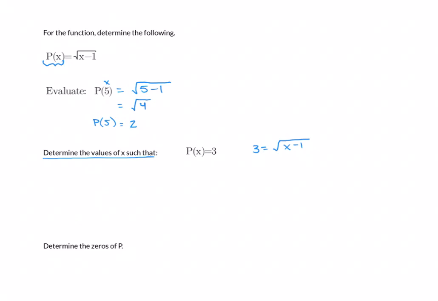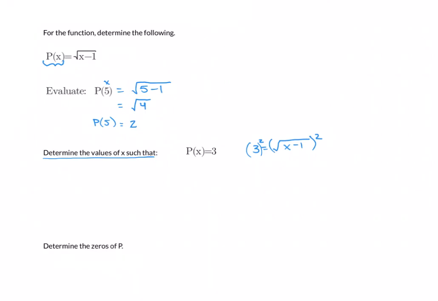Hopefully you guys remember you cannot solve for a variable if it is inside the square root. So we want to get rid of the square root to start off with. How do we get rid of a square root? We're going to square it. And remember that our rule with equations is whatever you do to one side, you have to do to the other. So I want to square both sides of my equation.